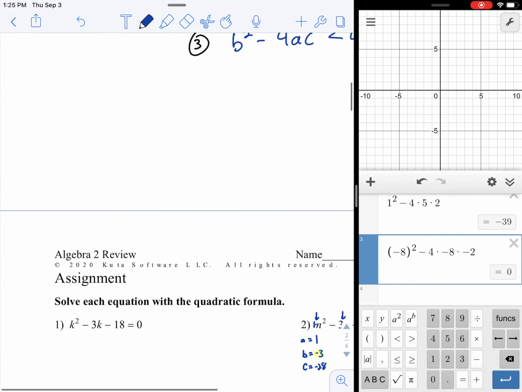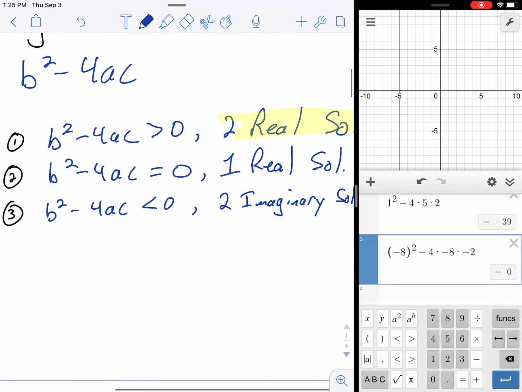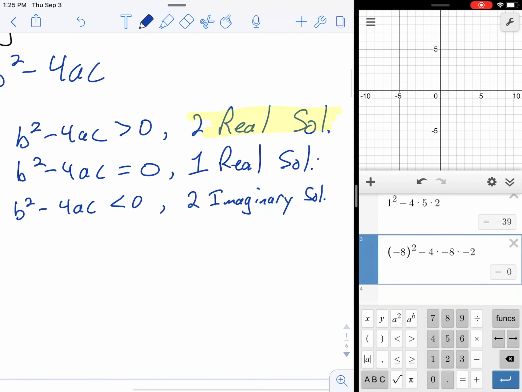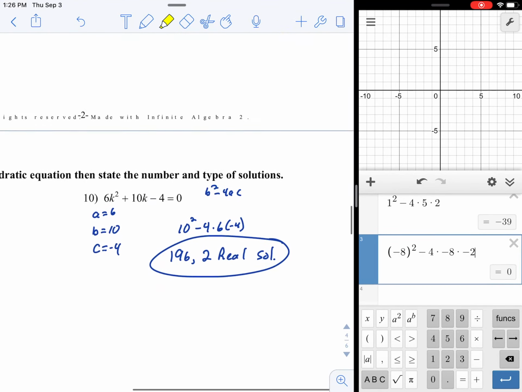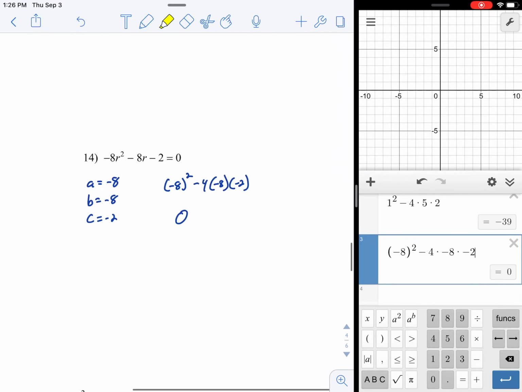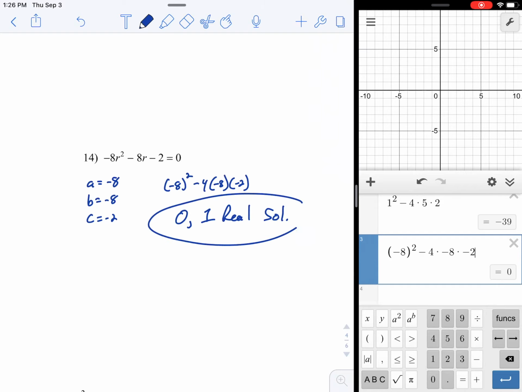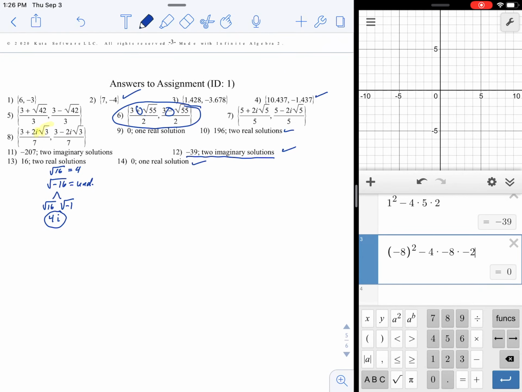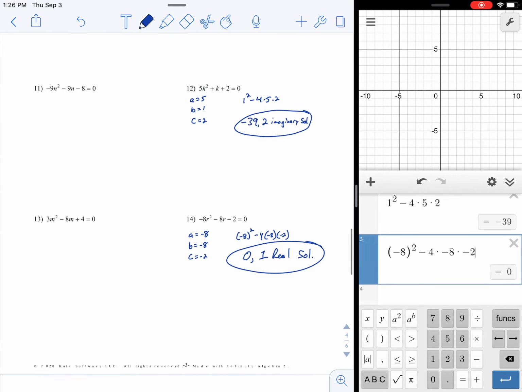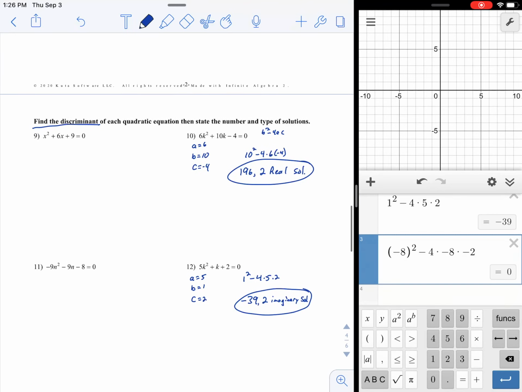What does 0 mean in terms of discriminant? That's the middle one. That means 1 real solution. So a discriminant of 0, 1 real solution. Circle it and check my answer. There it is.